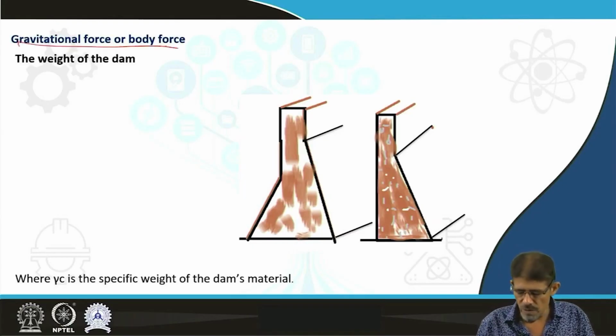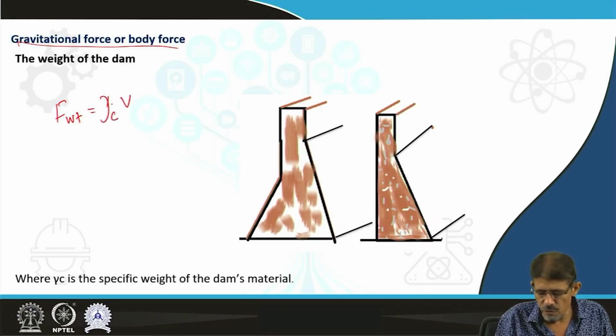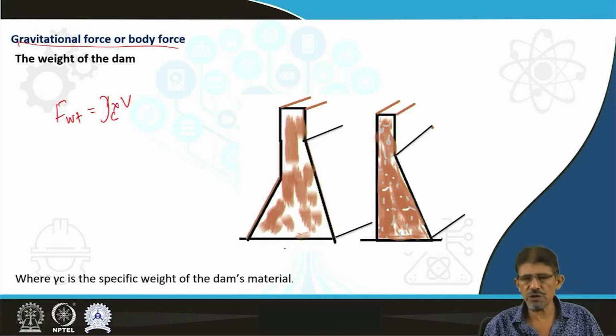Gravitational force or body force is simply the calculation of weight, that is, the unit weight of concrete multiplied by the volume of the structure.